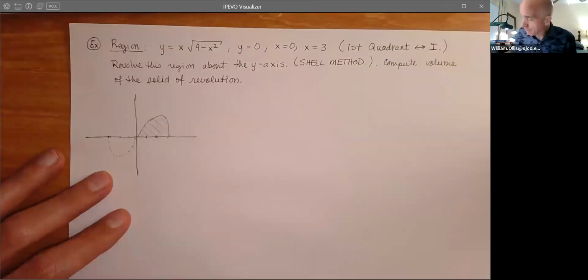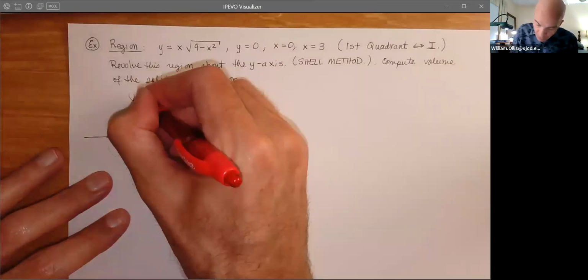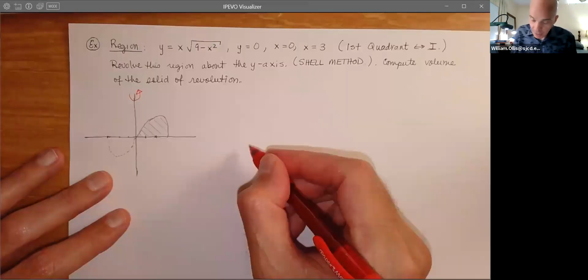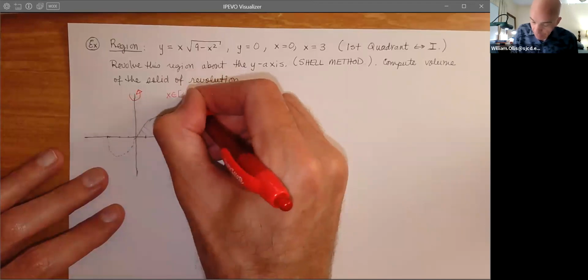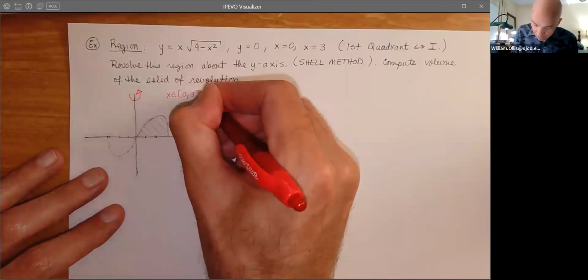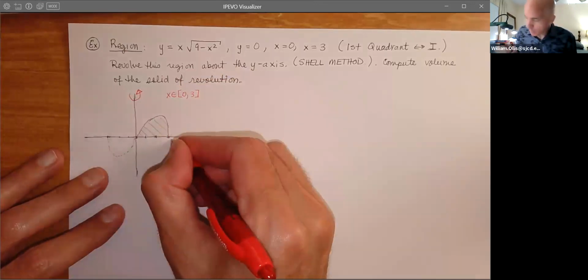So notice we want to revolve around the y-axis. We have, in this case, x element 0 to 3. So there's the 3, a nice vertical tangent.